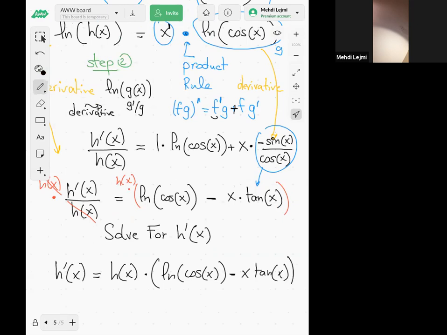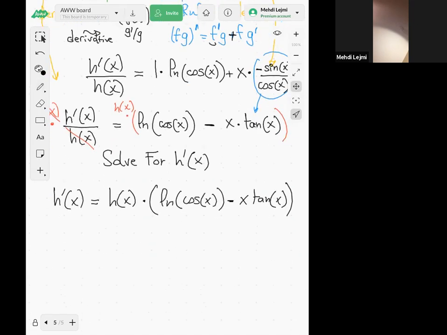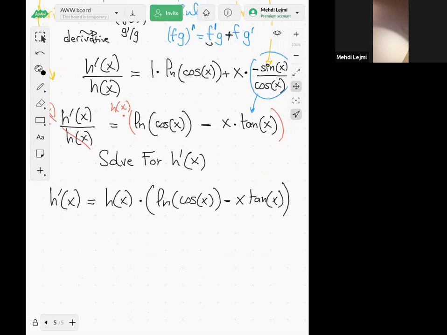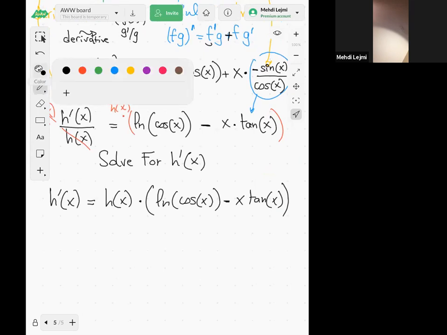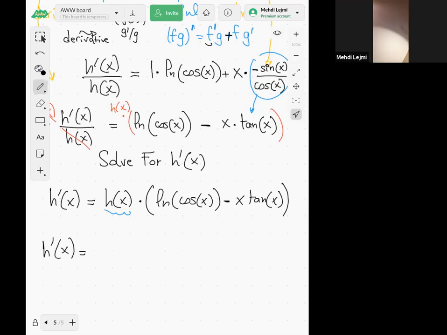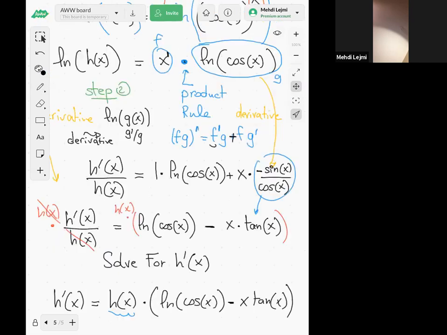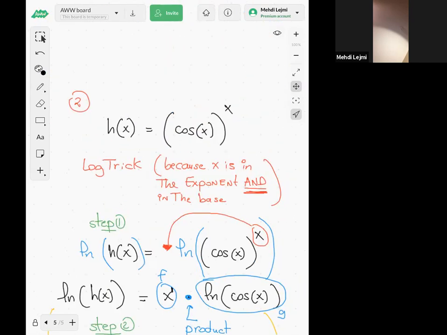All right. Now there's one last thing to do here. Just replace h of x. So we know what h of x is, right? That's our initial function. So our h prime of x is gonna be equal to, what's h of x? This is our h of x, it's the cosine of x to the power of x.